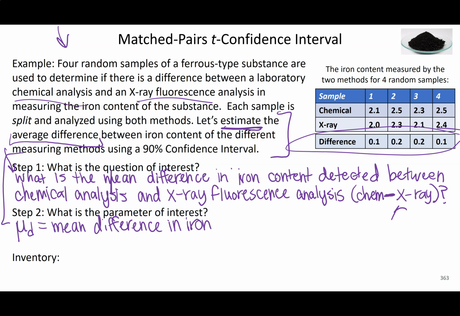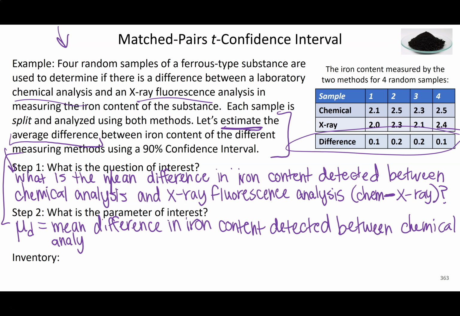Steps 1 and 2 should sound very repetitive. If you have step 1 set up correctly, you have half of step 2. So in iron content detected between chemical analysis and X-ray fluorescence analysis.